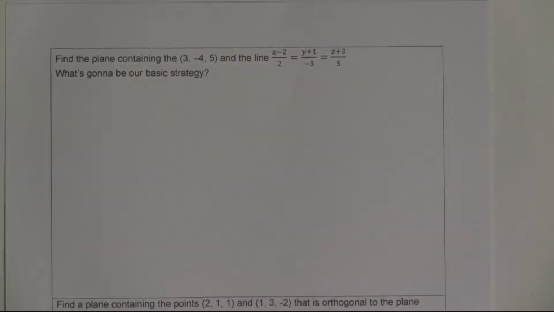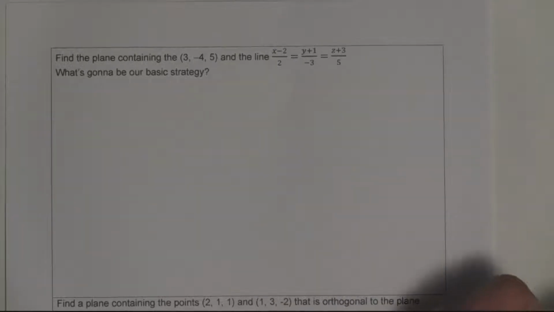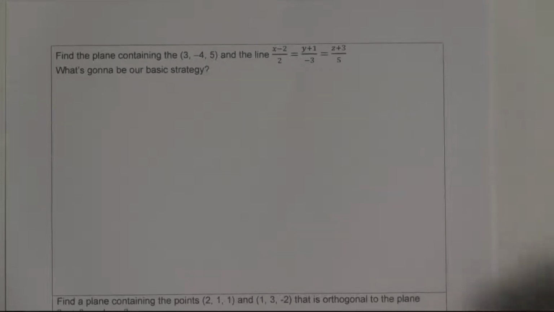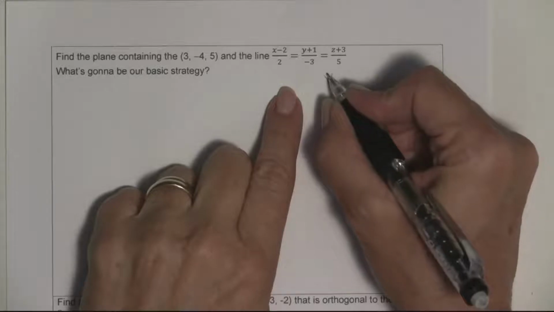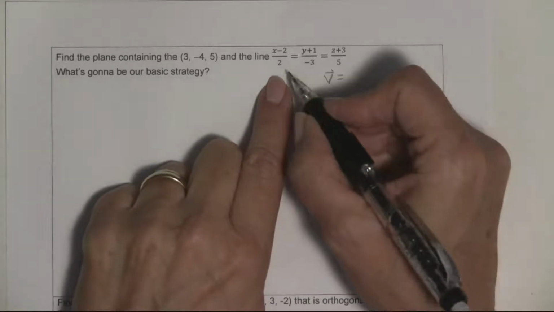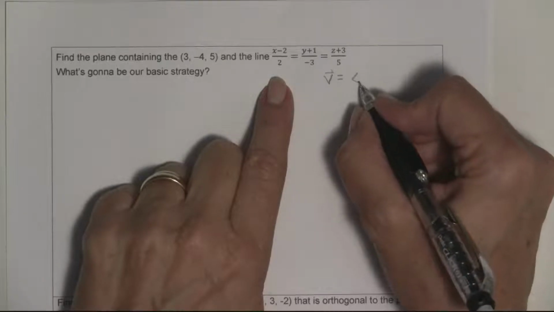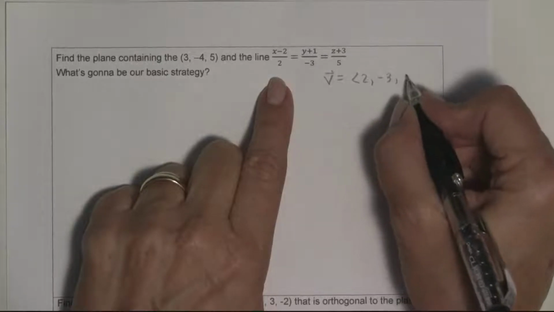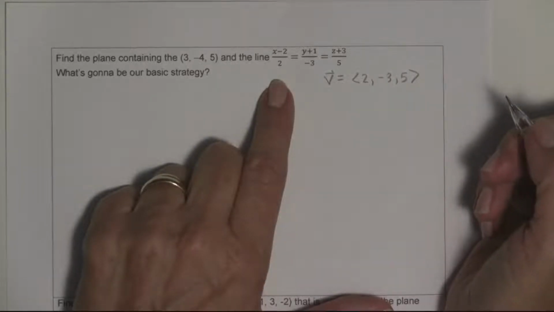And so that's going to be my strategy. Both of those things will work though. Either one. So the direction vector, and I'm going to call it V, and I don't know if you guys remember where the A, the B, and the C on the direction vector are, is right here, 2, -3, and 5. So that's our direction vector.